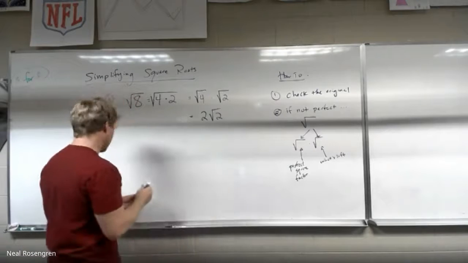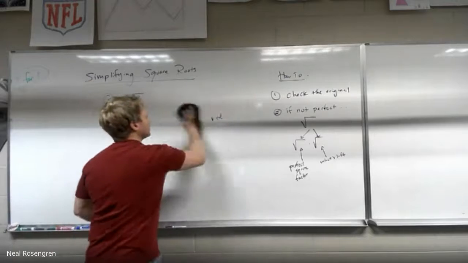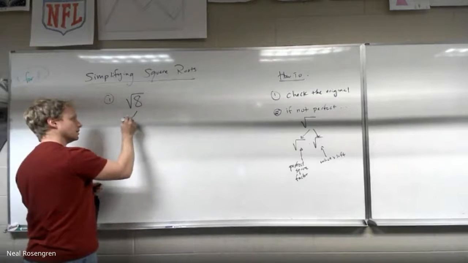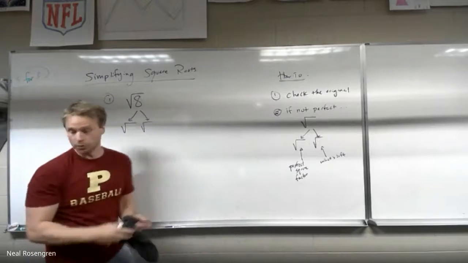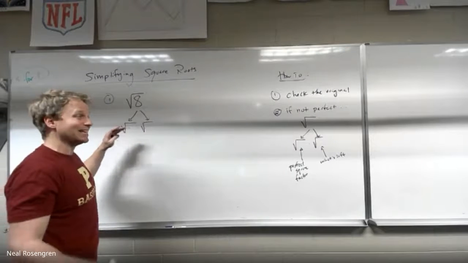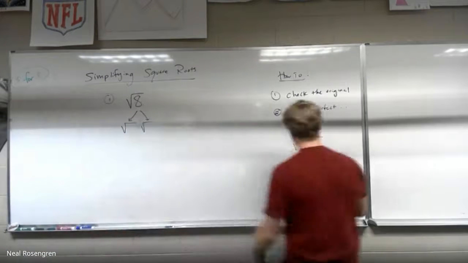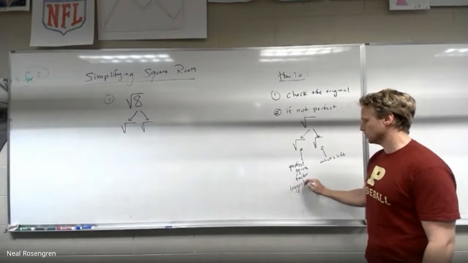If I can, and now I'm going to rewrite it vertically so it's a little bit easier to see. If I can break this apart into 2 square roots, where the first number is the biggest, actually, let's say that perfect square factor, let's make it the largest.